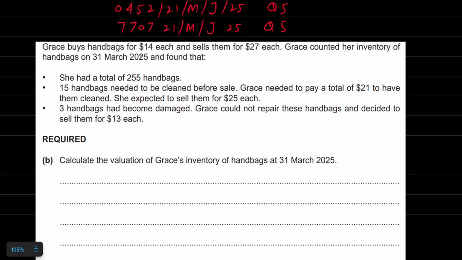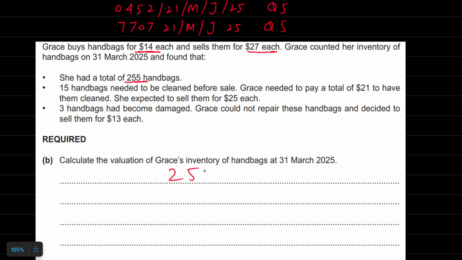In this question, Grace buys handbags for 14 each. So the cost is 14 each and the selling price is 27 each, and they have in total 255 bags.